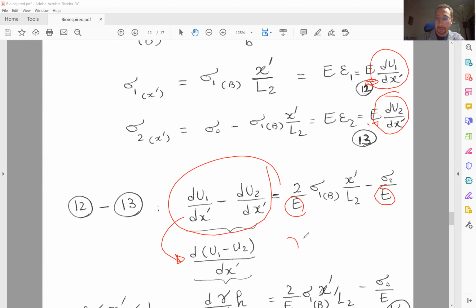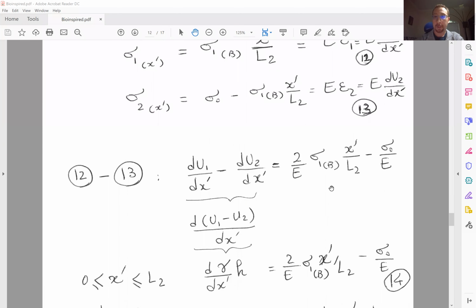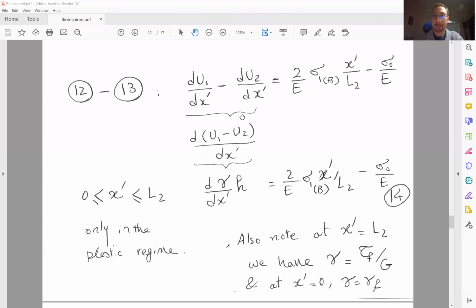You remember that gamma was u1 minus u2 divided by h, and h here is constant. So gamma times h is equal to u1 minus u2. So my equation becomes d gamma dx prime times h is equal to this side of the equation.